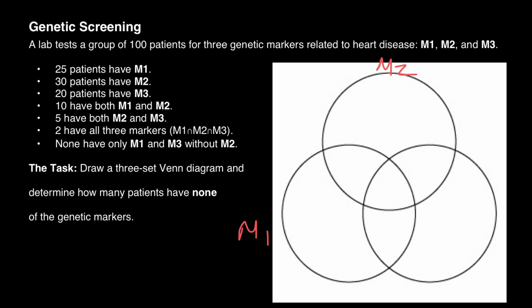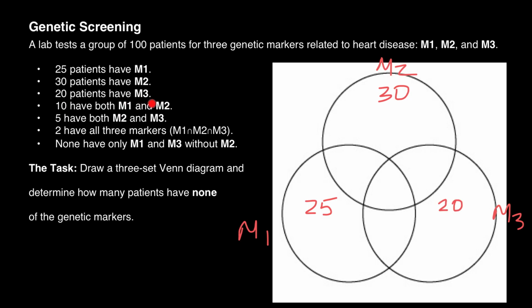So let's put M3 here on the side. Now we know that we have 25 patients with marker M1, so let's put 25 here. We have 30 patients which have marker M2, so let's put 30 here. And we have 20 patients with marker M3. So let's put 20 here.